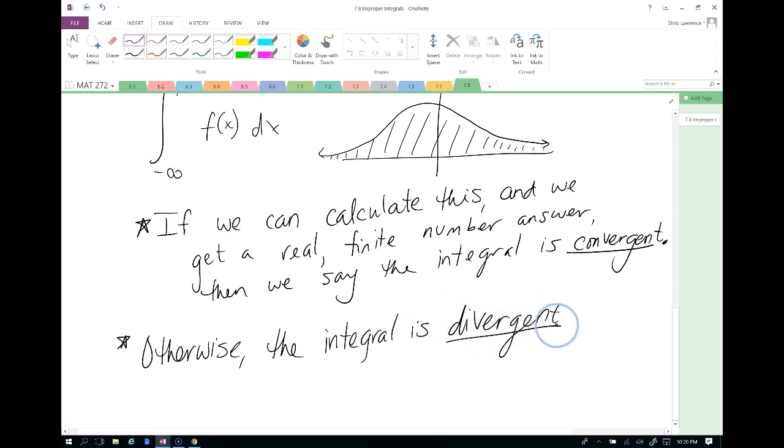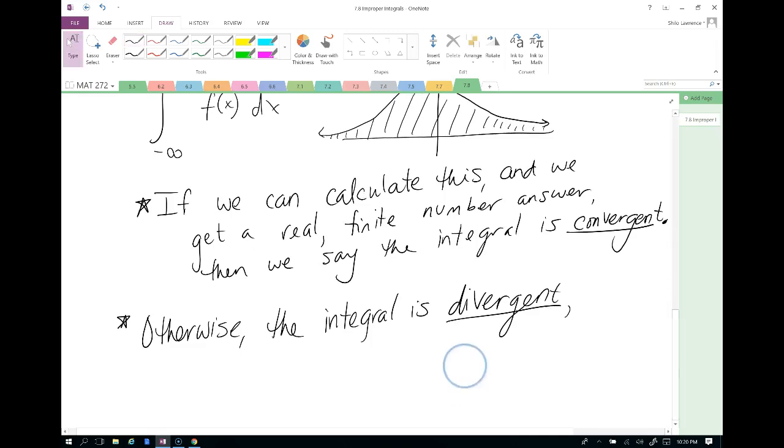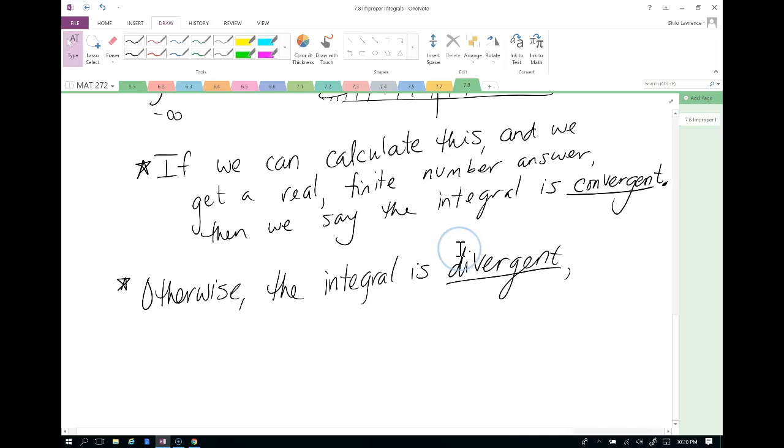And this typically happens when we attempt to evaluate it and there are still infinities in our answer. We're actually going to be rewriting these integrals with limits, and we may get some limits that don't have answers to them. So we're not getting a finite answer, then they're divergent.